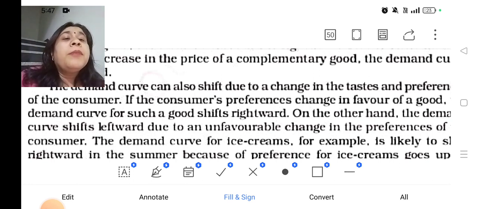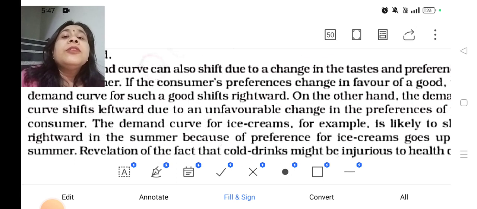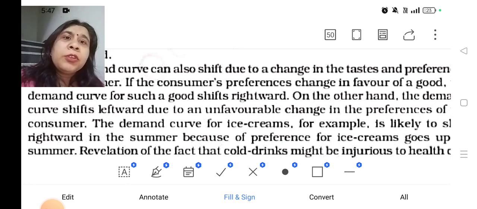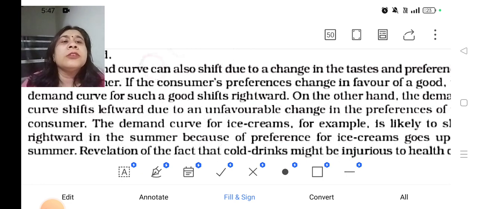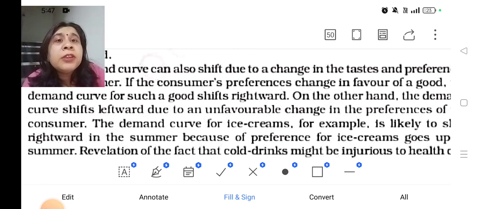For example, demand curve for ice creams is likely to shift rightward in summers. Price remains the same during the winters also, during the summers also. Other factors also remain constant. But now, as per the demand of the season, consumer is likely to demand more ice creams in the summer, because the preference for ice cream goes high in summer, and the demand curve will shift rightward.